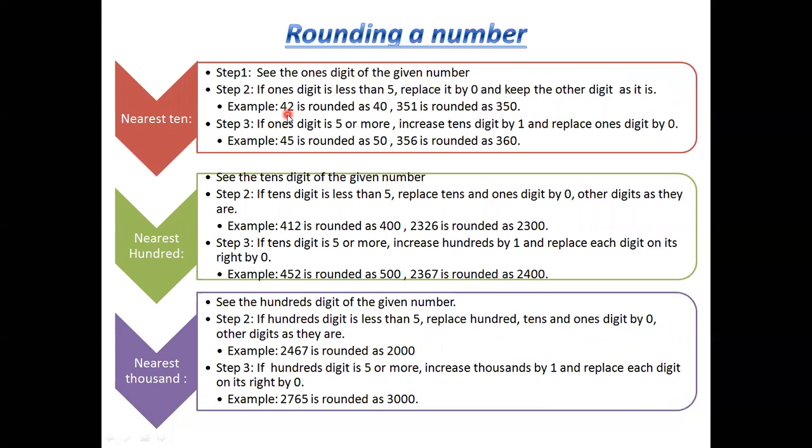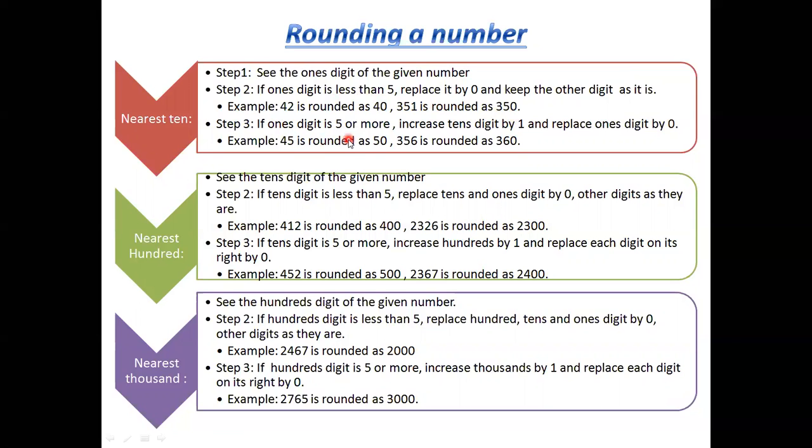So if any number is given and you want to round to the nearest 10, see the ones digit. If it is less than 5, replace it by 0, other digits as they are. So 42. 2 is less than 5, so it is rounded to 40. 351. 1 is less than 5, so it is rounded as 350. Okay, now we have seen the ones digit is less than 5. What happens if it is 5 or more?